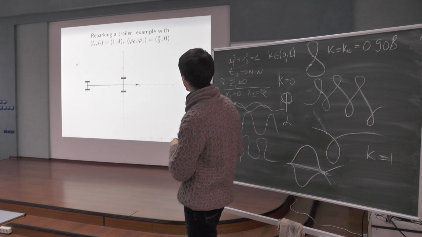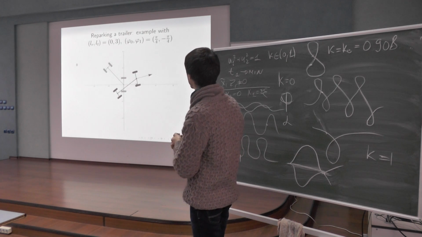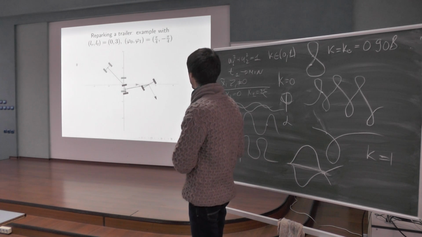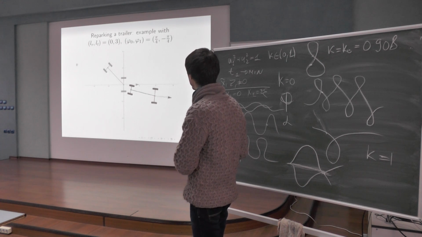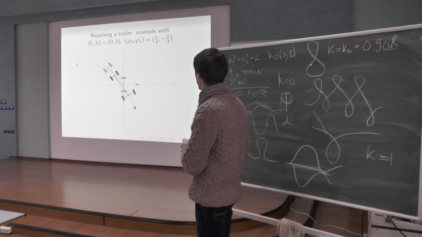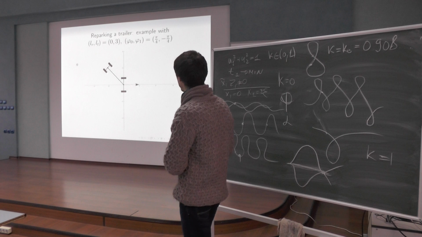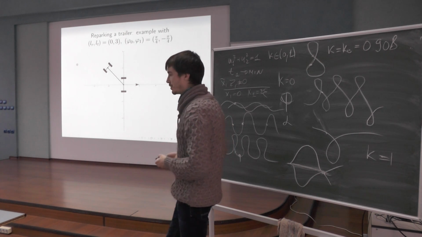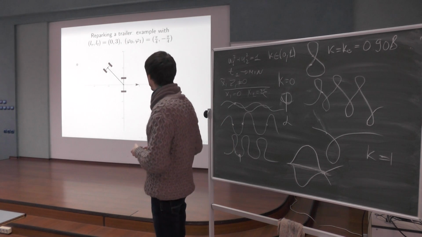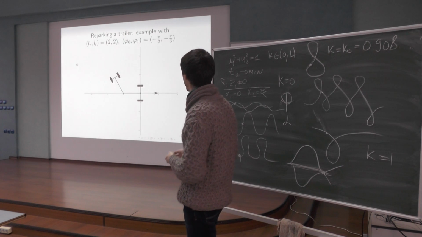So here is another example with another type of connection. You can see that the trailer is attached at the midpoint of the robot, and you can see that the accuracy is quite fine, and the difference is not visible by the human eye.